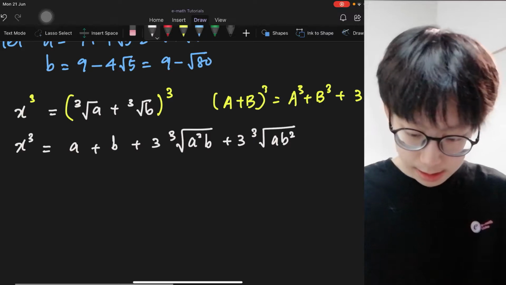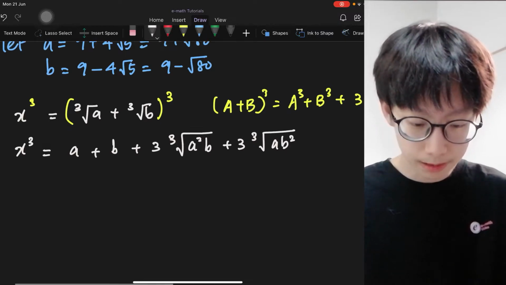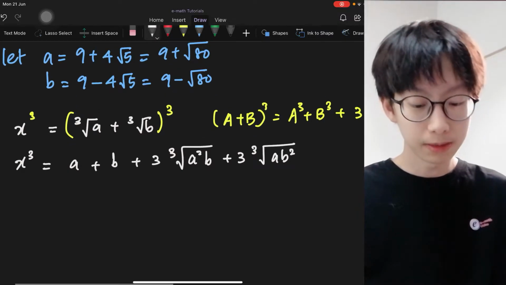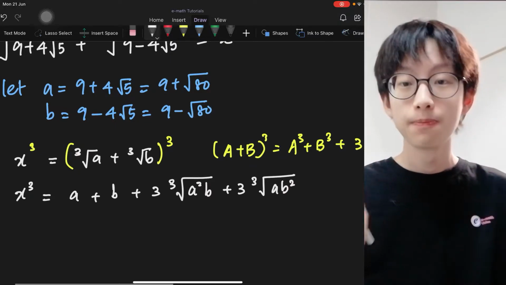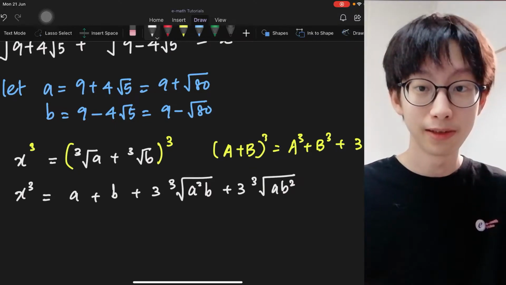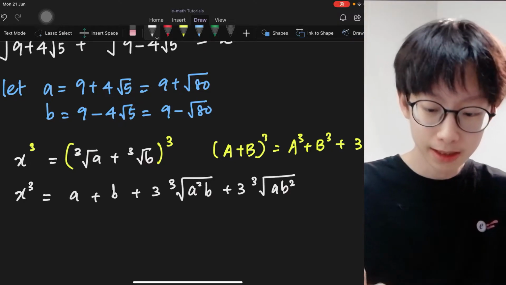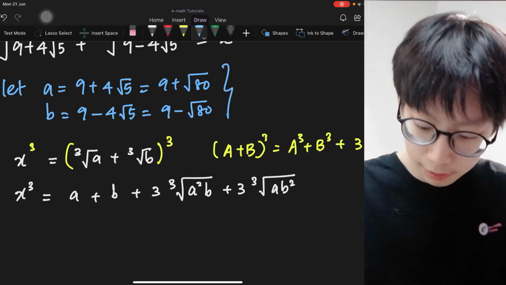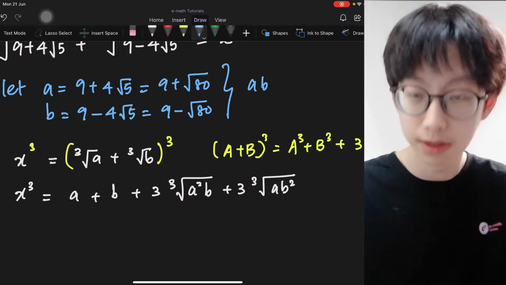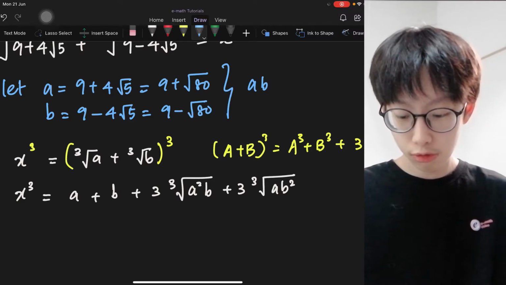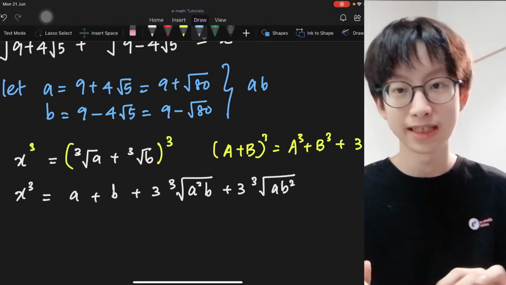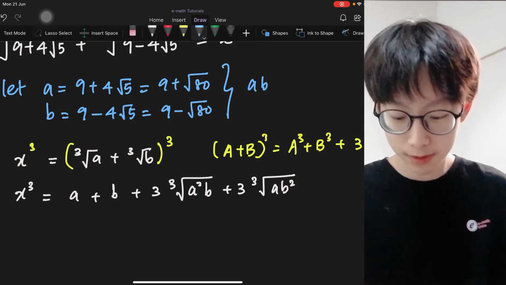And what can we do about this? Remember at the beginning of the video I told you that when we multiply them together we can use the difference of squares formula. When you multiply, it is actually a times b, and you can see we can get some a times b from this and that.